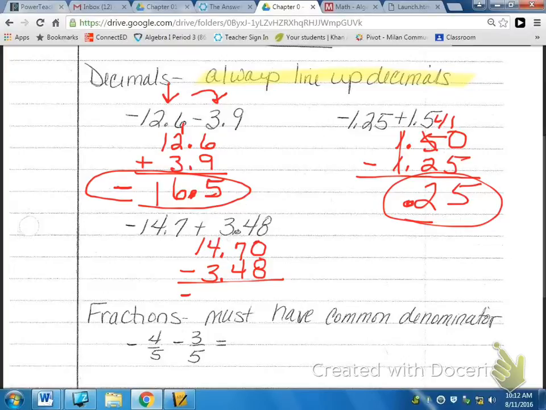I'm going to borrow one here, and the 0 becomes a 10. 10 minus 8 is 2. And then 6 minus 4 is 2. And then 4 minus 3 is 1, and then the 1 comes down. And bring down the decimal. Okay, negative 11.22. Questions about that?